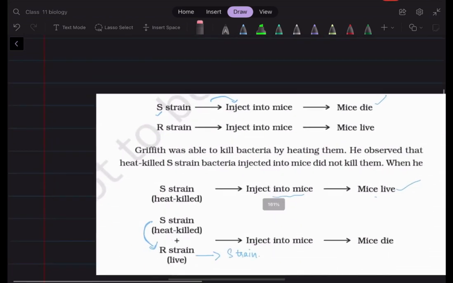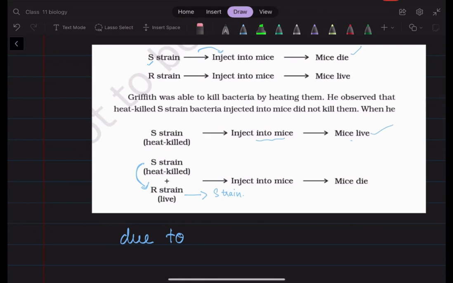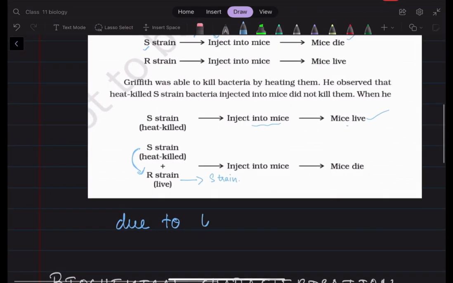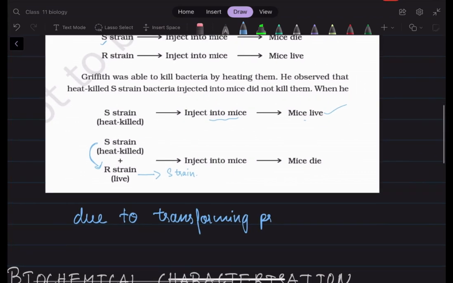That was the only possible way to comprehend this. So they thought that this happened because of some transforming principle, because it actually transformed the live R strain into an S strain.